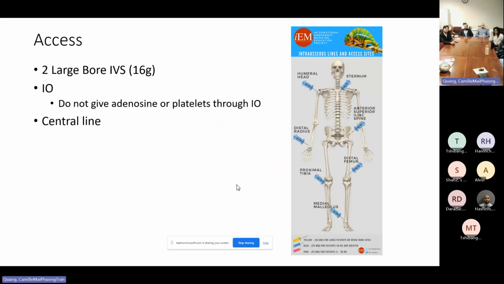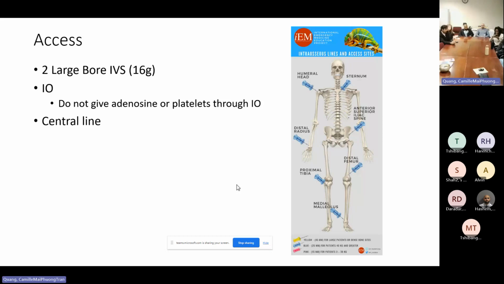I've only seen them in the proximal tibia and the humeral head in adults, but these are all different places that you can put them. There are different colors. The yellow is for larger patients, more obese; you have to get through more soft tissue before you get to your bone. Blue for normal sized people, and then pink for smaller patients and babies.